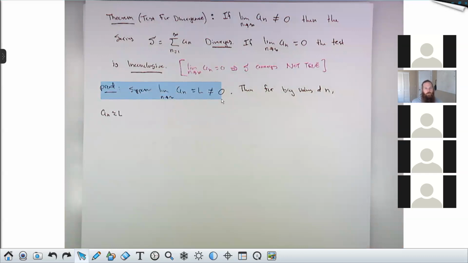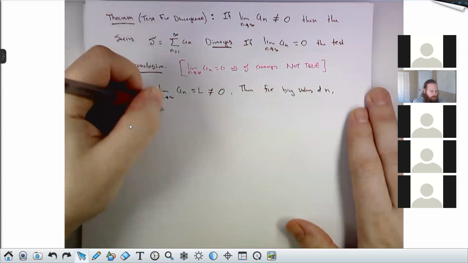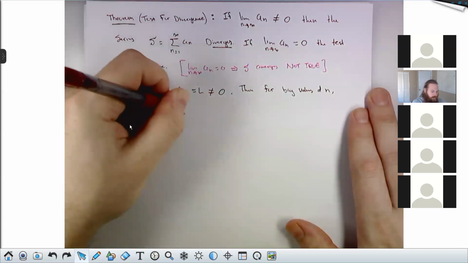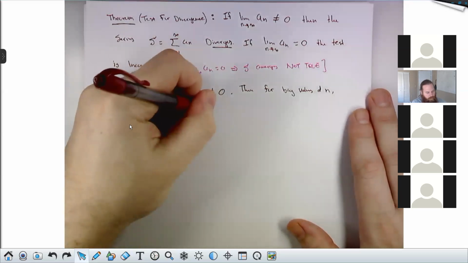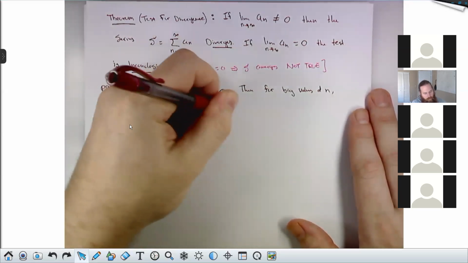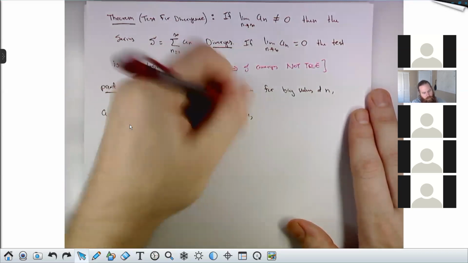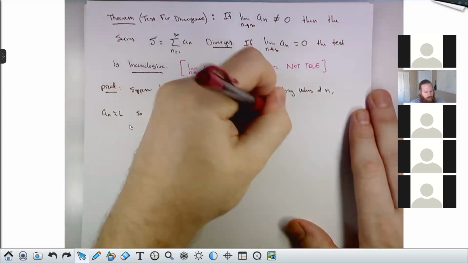So here I'm going to prove that if the limit is not 0, then the series diverges. If the limit of the a_n's is equal to some non-zero number L, then for big values of n, a_n is close to L. That's what it means for the a_n's to have limit L. So the series S looks like a_1 plus a_2 plus a_3 plus a_4 all the way out.